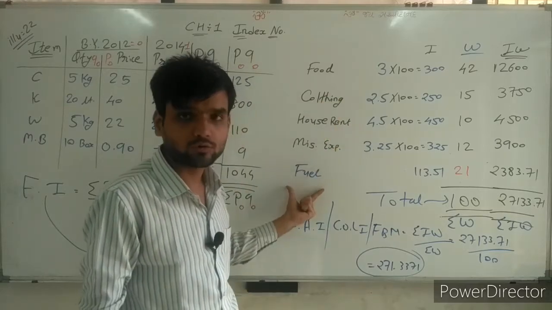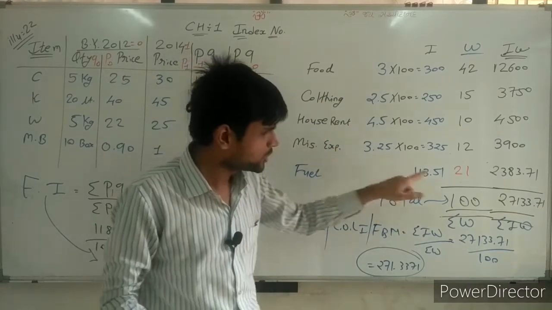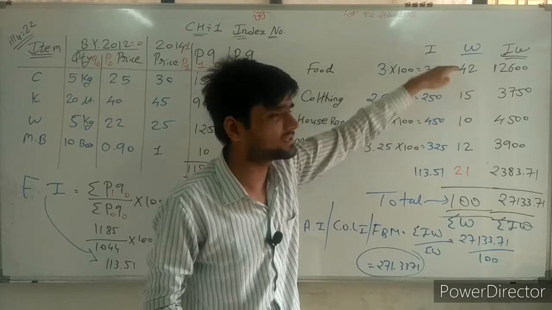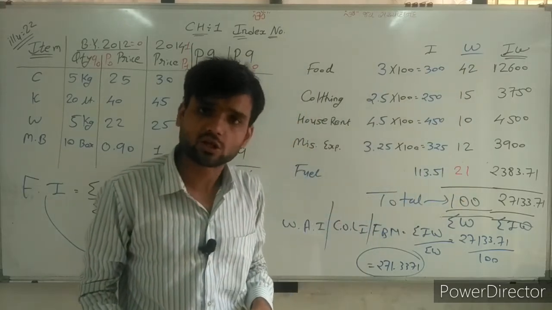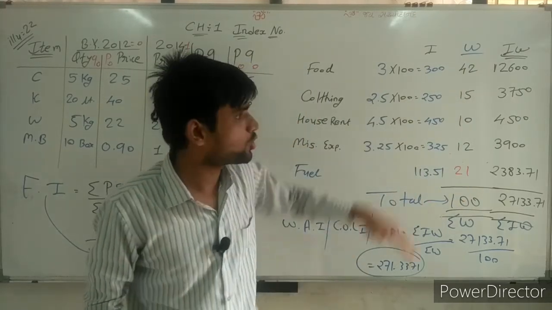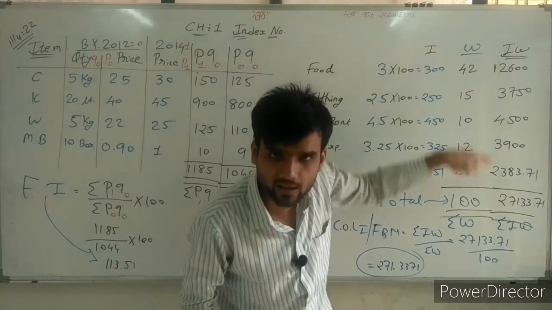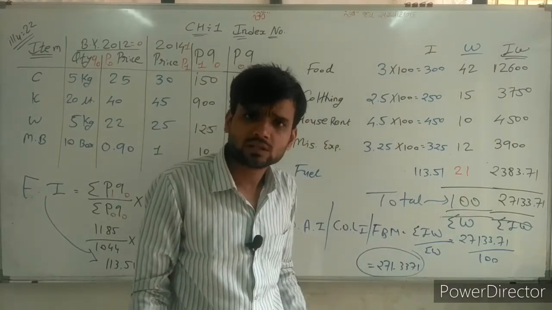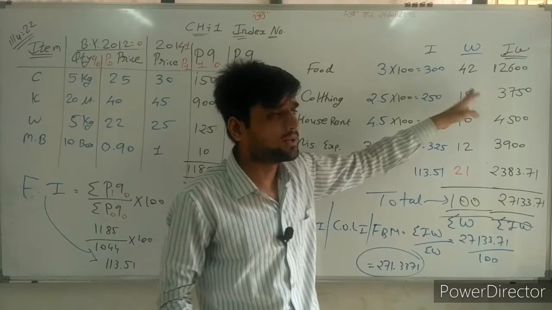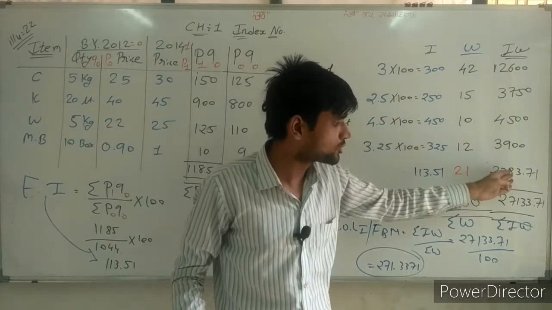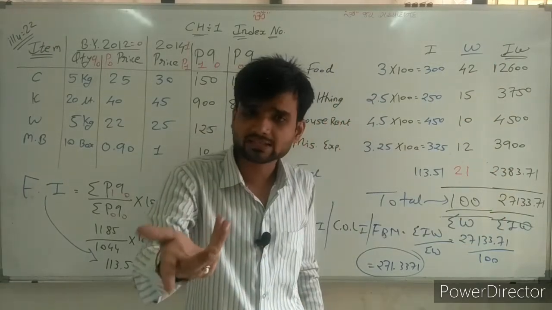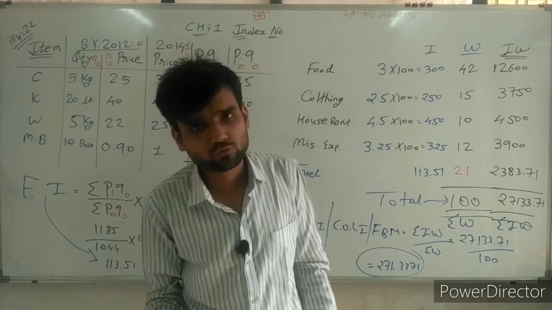Now what about fuel? That is not given. Don't worry, total is 100%. Deduct this, we are getting expenditure on fuel. So we have the value of I and W both. Now very easy. IW, multiplication of both. Cost of living index number means sigma IW upon sigma W.